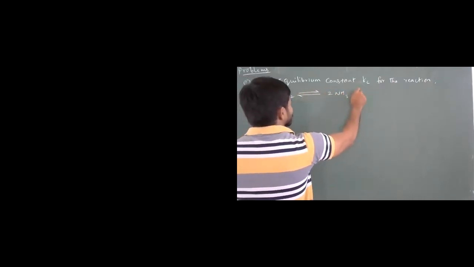So first problem. The equilibrium constant Kc for the reaction N2 plus 3H2 gives rise to 2NH3 is 2 into 10 power minus 2.